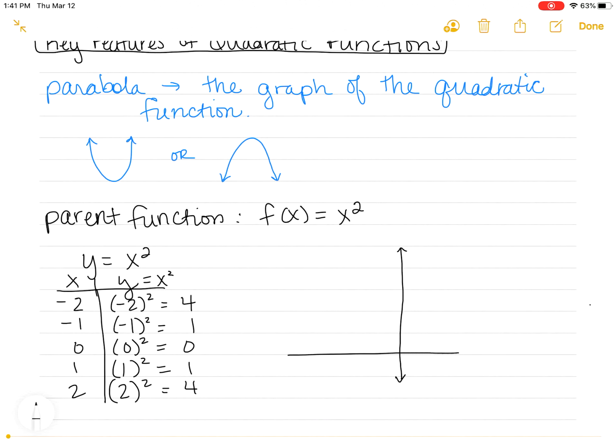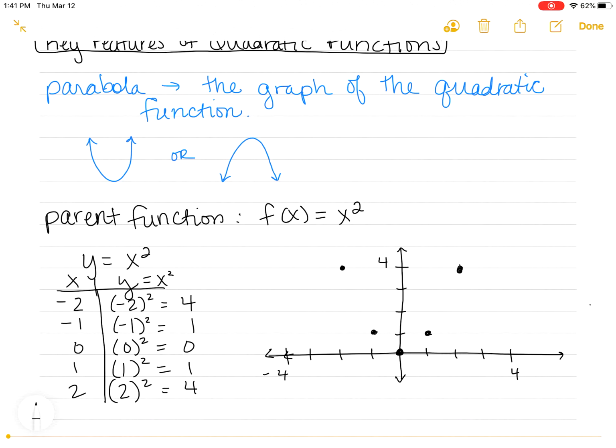Let's plot these. At -2, I'm up at +4. At -1, I'm at 1. At 0, 0; at 1, 1; at 2, 4.